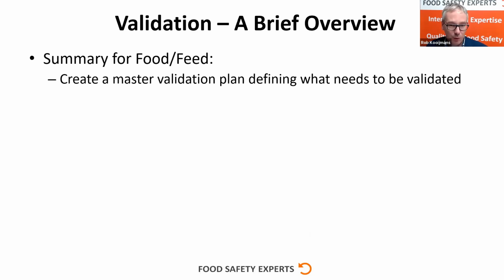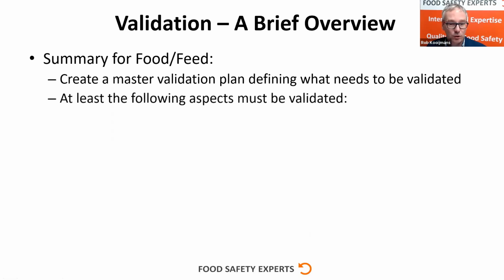And with most standards, the mantra, do what you have written down and write down what you do, really goes. So creating a master validation plan, defining what you want to validate, is the first step of actually getting to a wider successful validation approach.